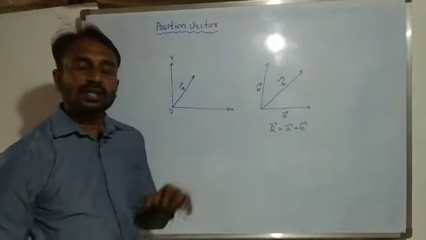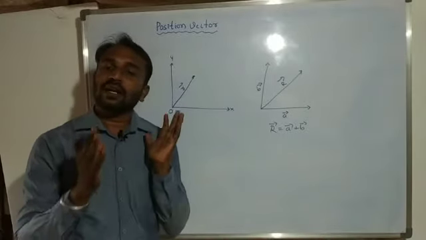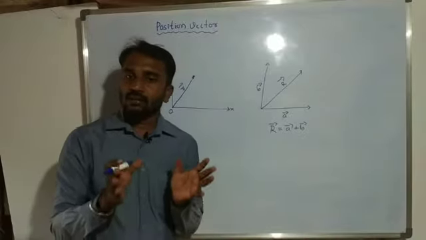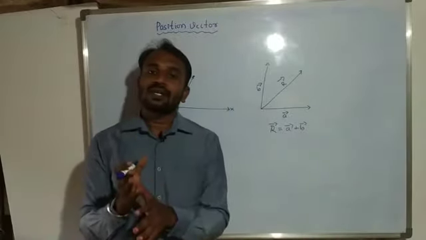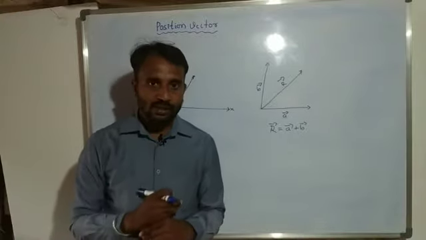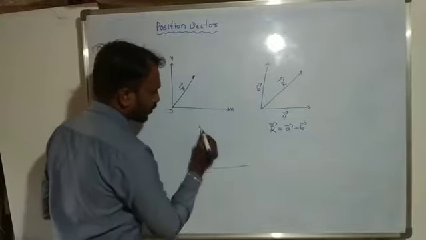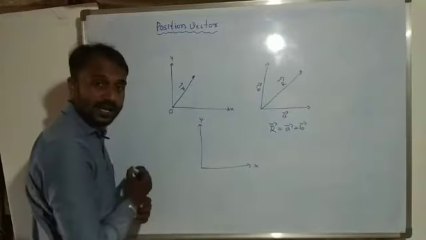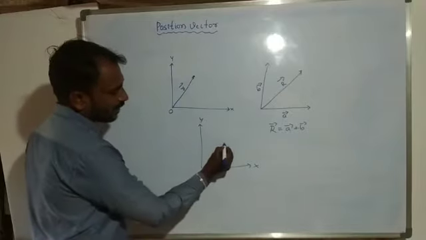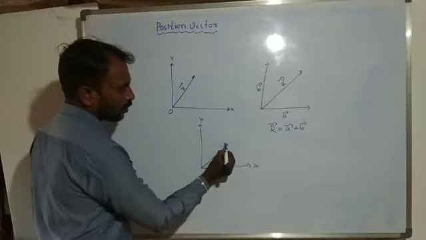For this reason, suppose vectors are present along the x-axis and y-axis. Those are considered components of a resultant vector. For example, here are two vectors: this one is the x-axis and this the y-axis. Here we consider this one a particle and this one a position vector.